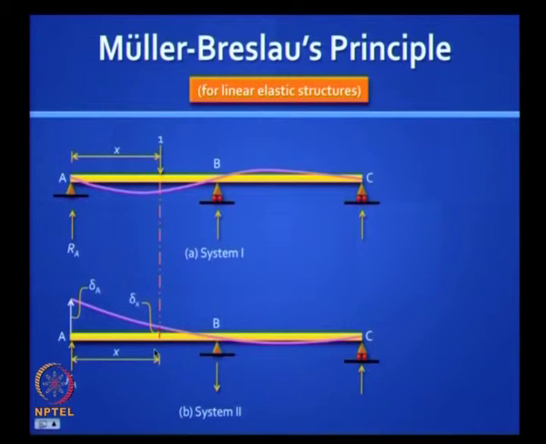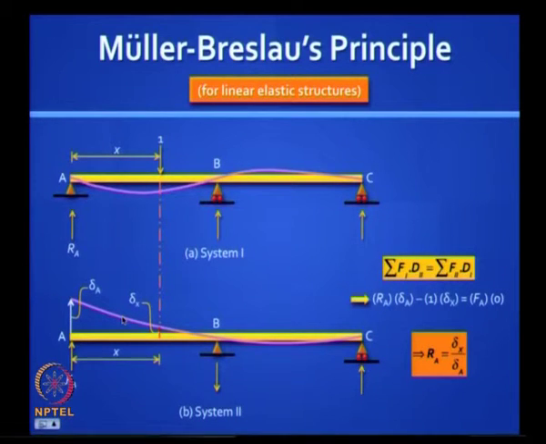Now if you invoke Betti's theorem and you refer to this deflection under the unit load 1 in the first system as delta X, then you can show that RA into delta A minus 1 into delta X, because the two are in opposite directions, must be equal to 0.